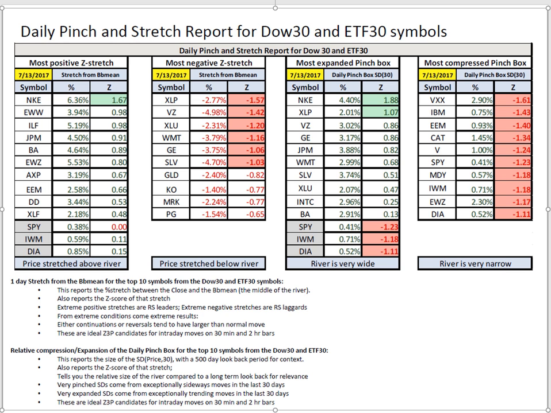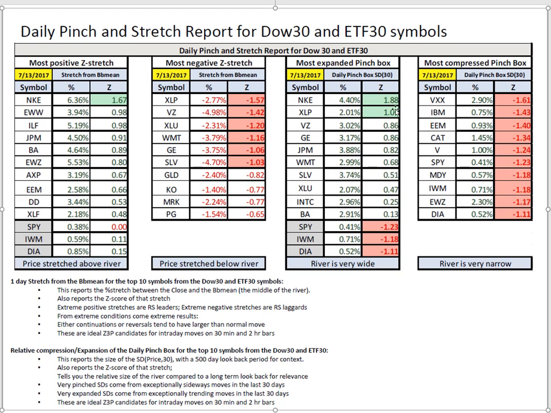That makes it interesting. So the four elements now of the daily pinch and stretch report are such that we want to know when the river is very narrow, and if so, the most compressed pinch box, that's these symbols, whose width of the river is historically very narrow. And these are the ones where the width of the river historically is relatively wide.